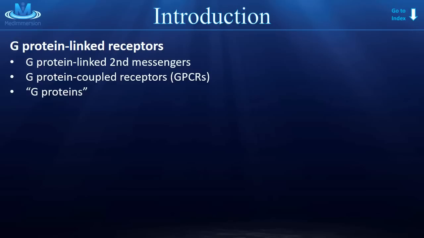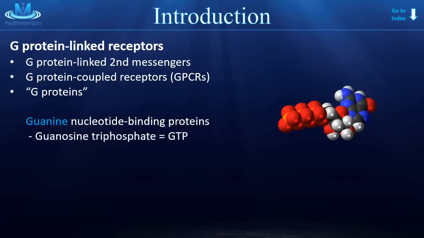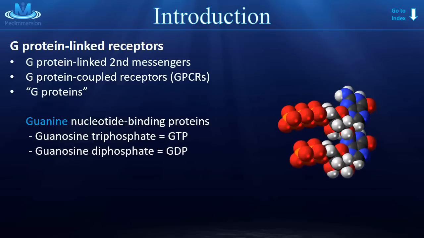I'm going to break down those words a little bit later and tell you what each part of it means and why we use those names to refer to these proteins. But first off, what does the G stand for? Why is it G protein? Well, the G stands for guanine. These are guanine nucleotide binding proteins, meaning that they bind guanine nucleotides, like, for example, guanosine triphosphate, or its slightly shorter little brother, guanosine diphosphate.